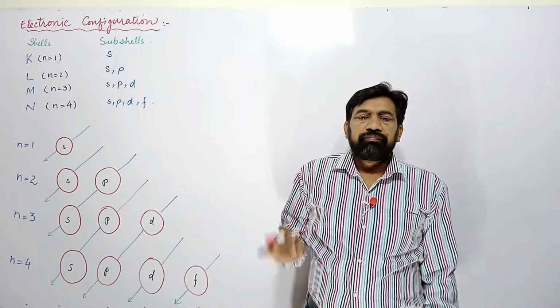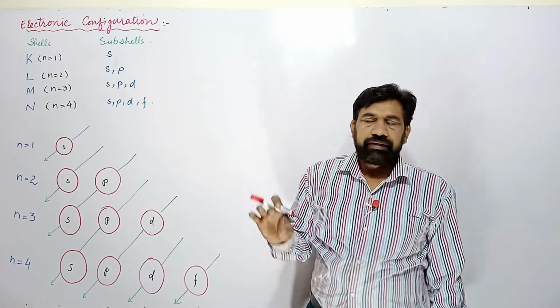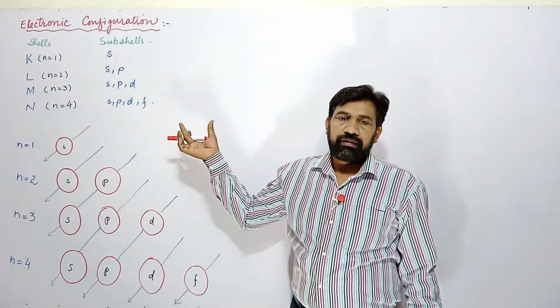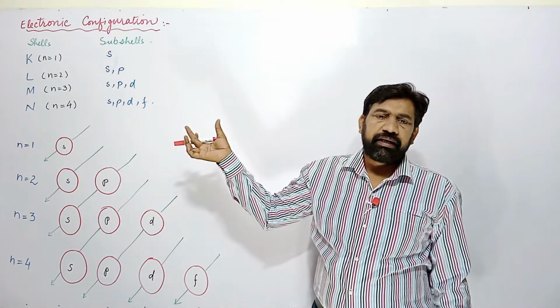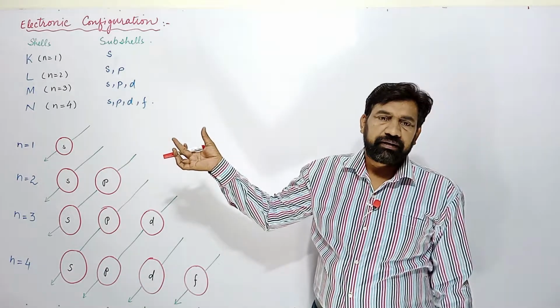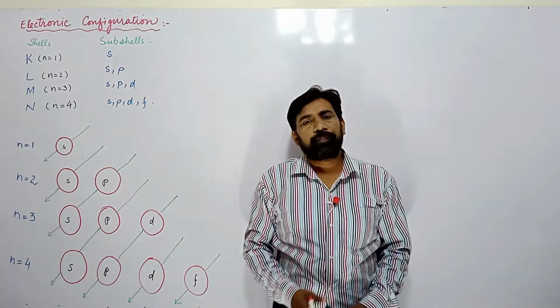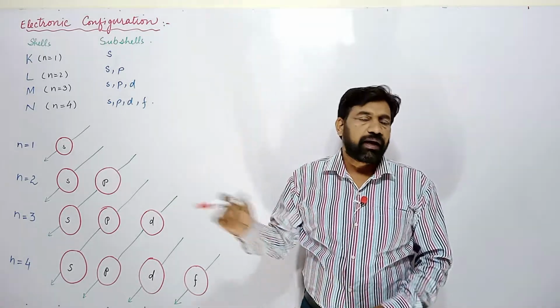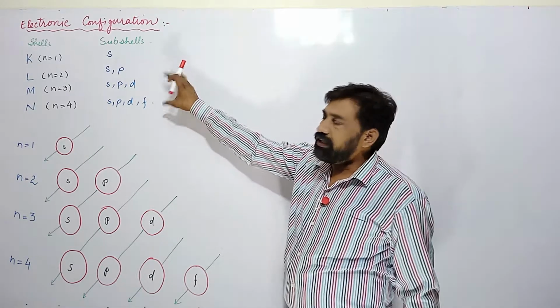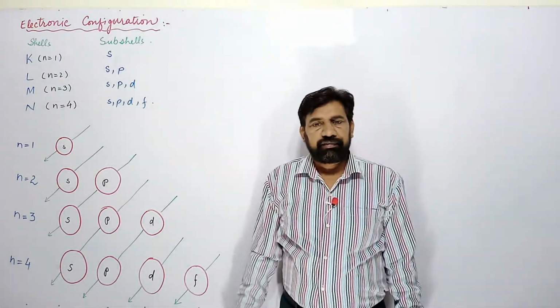Now, every main energy level, these are the energy levels. Mostly, the energy here is potential energy, and you will study about the potential energy of the shells in higher classes. So let's discuss. In each shell there are sub energy levels.